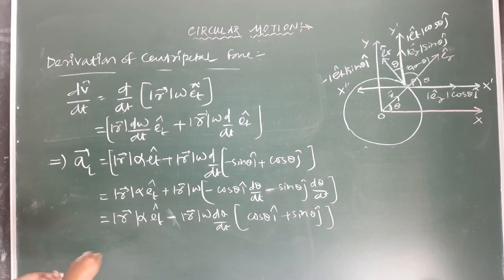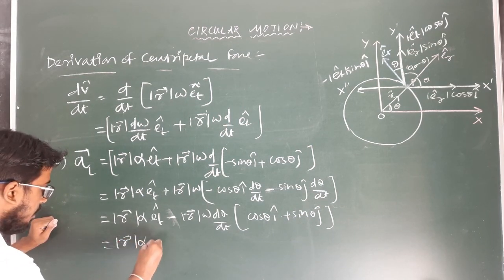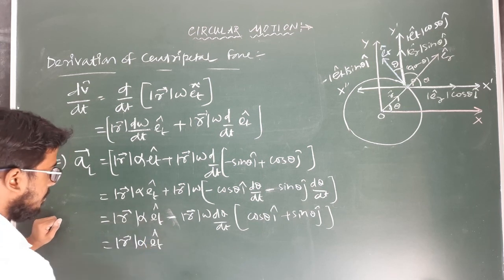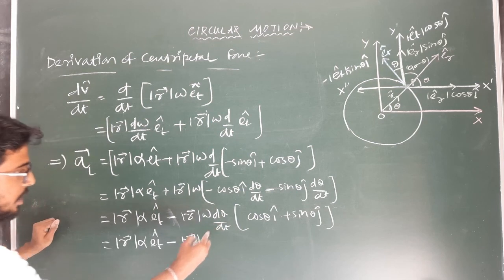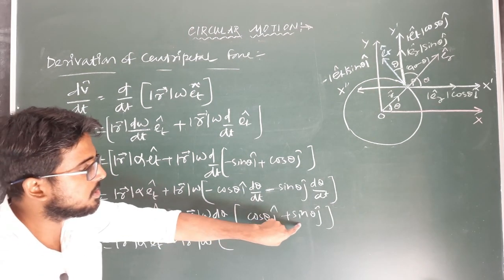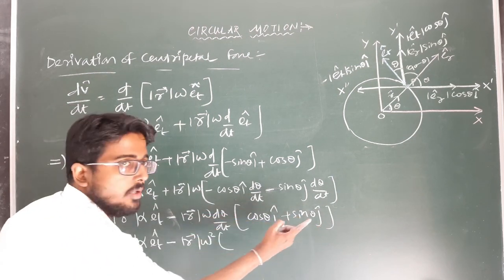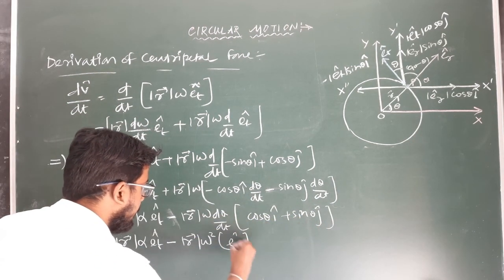So this will become |r vector| alpha Et cap minus |r vector|, where omega into d theta by dt is omega square, and this term cos theta i cap plus sin theta j cap is the same as the unit vector along the radius, so it will be Er cap. Clear?